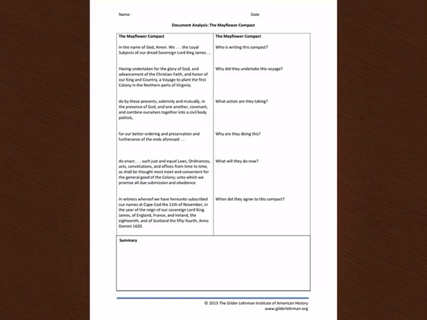So based on them signing this contract, what are they going to do now? What else? What are some other things that they are going to do in order to preserve and keep going? What will they do now? Maybe think about what they are going to create, right?